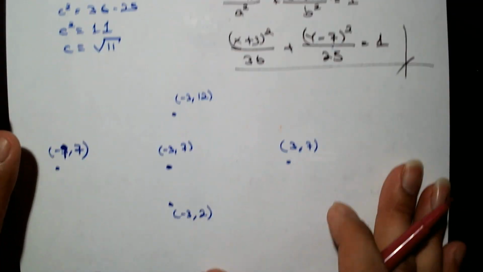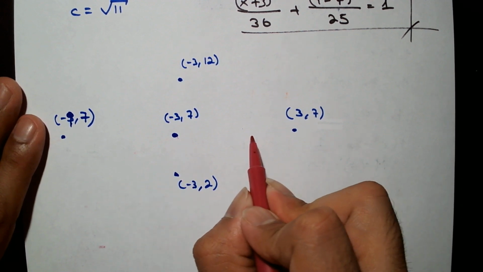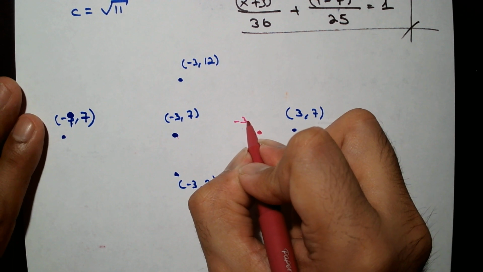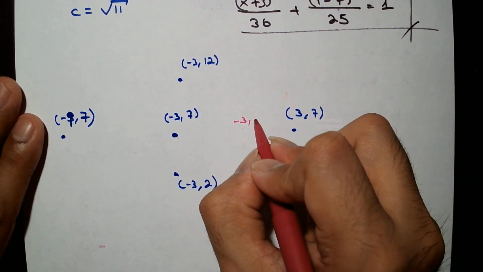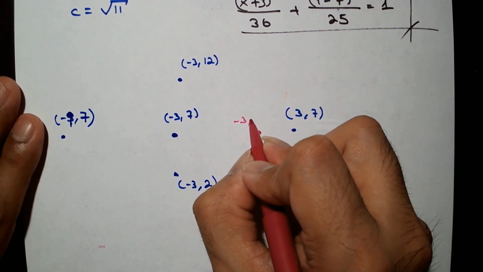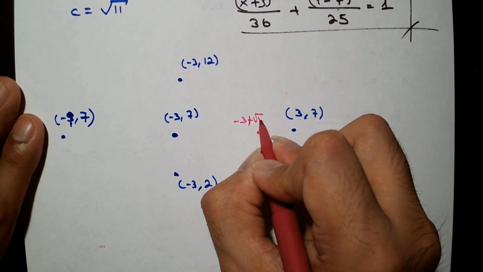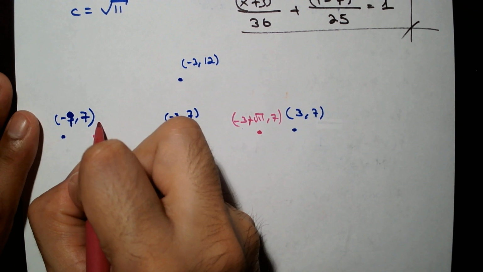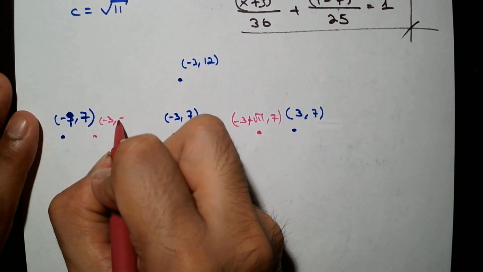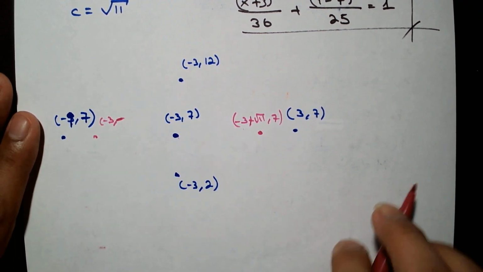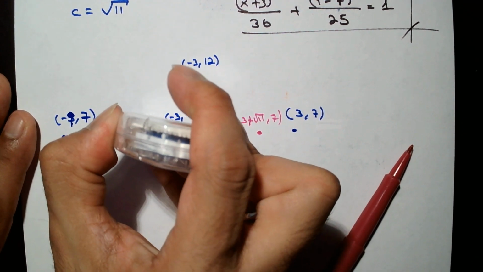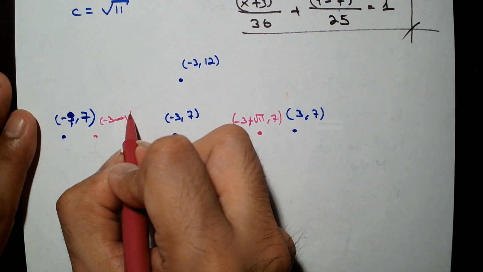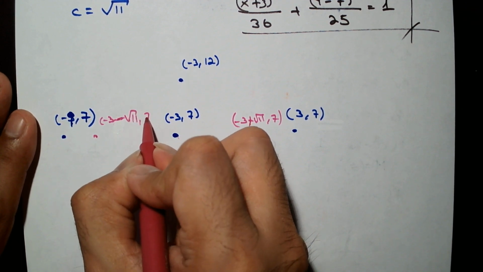C is root of 11. I'm going to move root of 11 units. So negative 3 plus root of 11 comma 7. And negative 3 minus root of 11 comma 7.